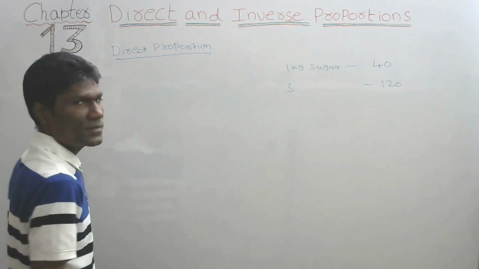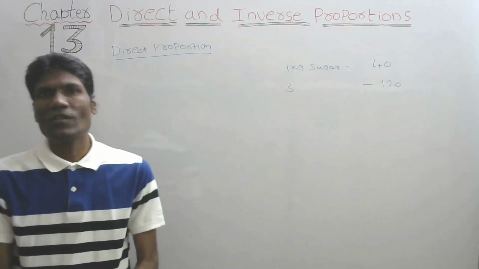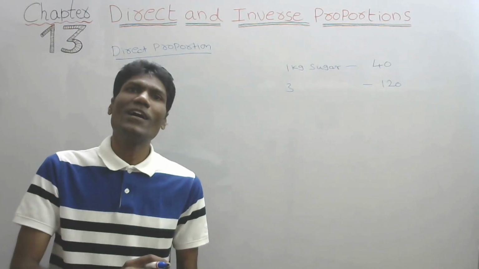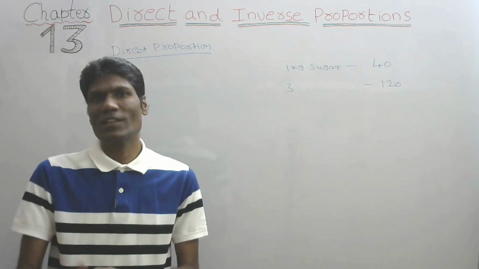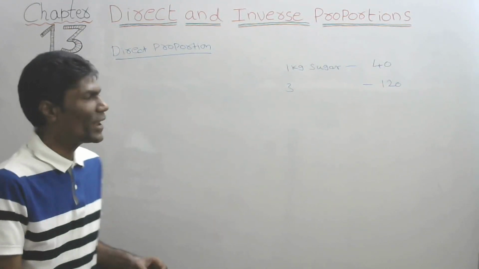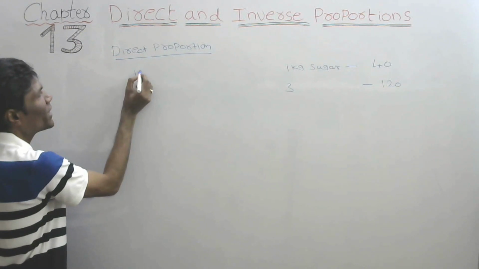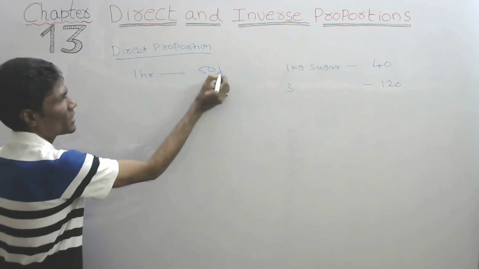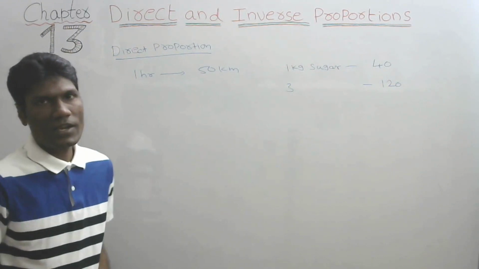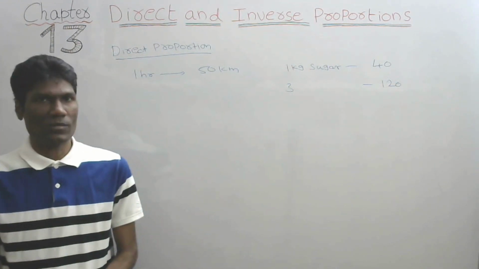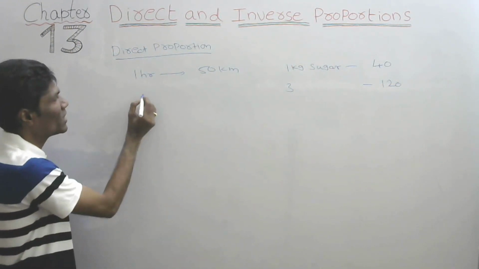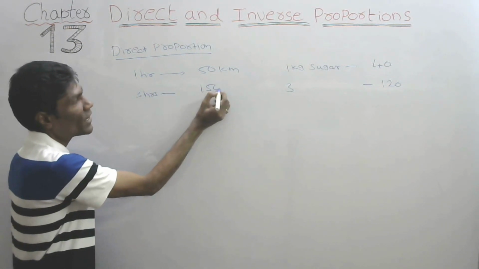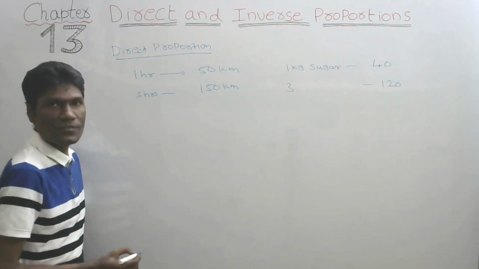Direct proportion. Now say one car is there. It is going from one place to another place. Say in 1 hour it is going 50 kilometers. In 3 hours it is going 150 kilometers.